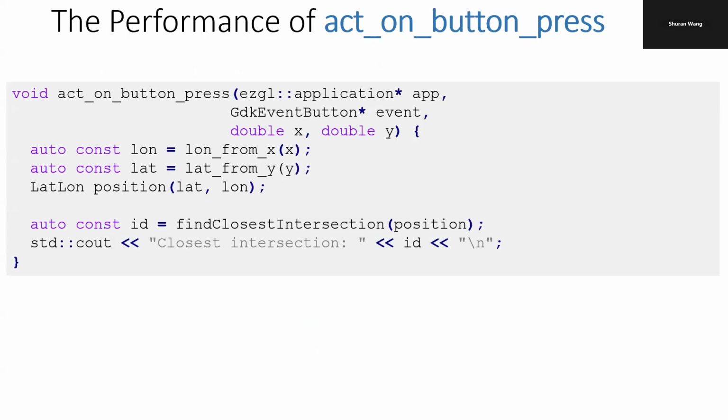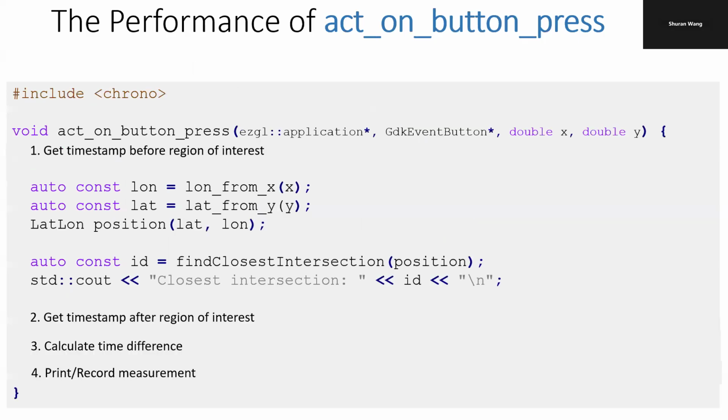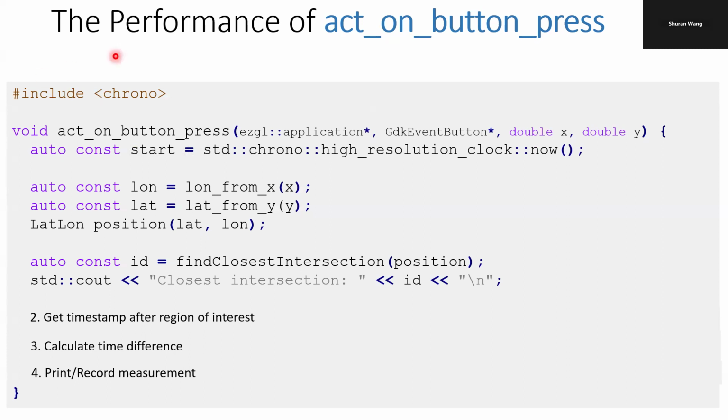Like inside this function, act on button press. You want to first get the timestamp before the region of interest using chrono. Chrono high resolution clock will get the current time in, I think it's nanoseconds or milliseconds, or microseconds, nanoseconds.